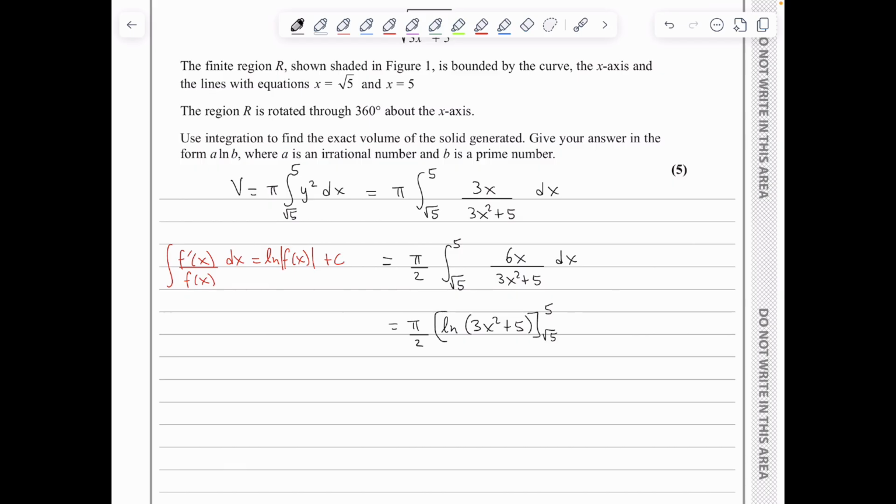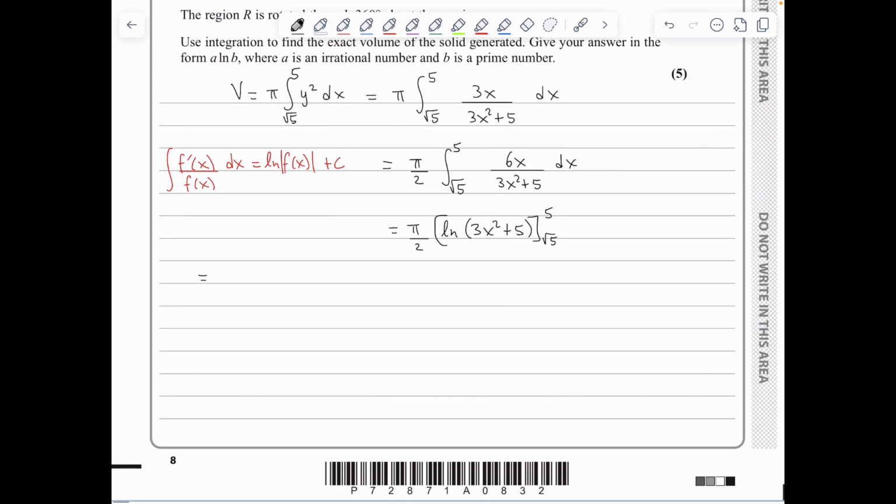So all I have to do is substitute the upper limit and substitute the lower limit, deduct the two, and simplify. So we're looking at pi over 2 ln of (3 times 5 squared plus 5), and then minus pi over 2 ln of (3 root 5 squared plus 5), and I will proceed.